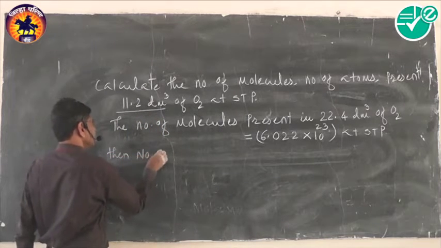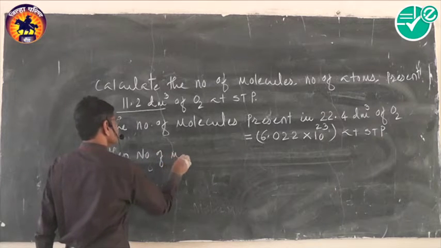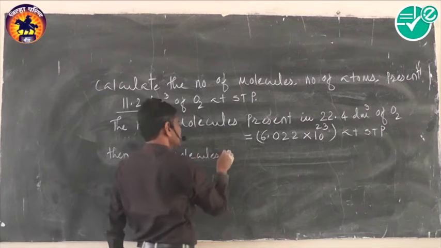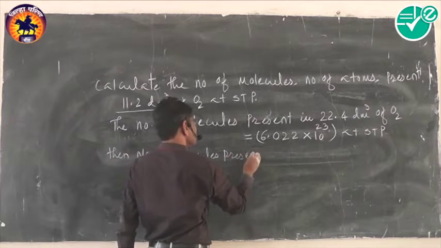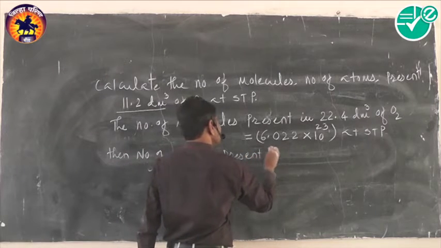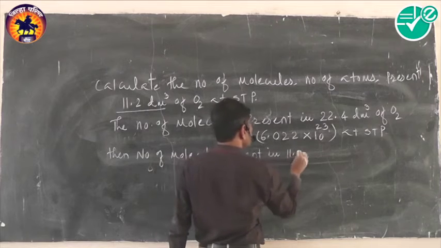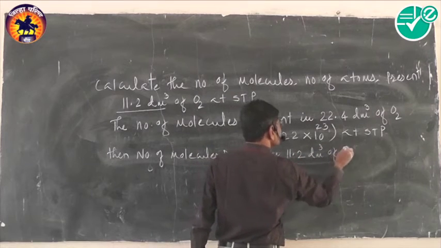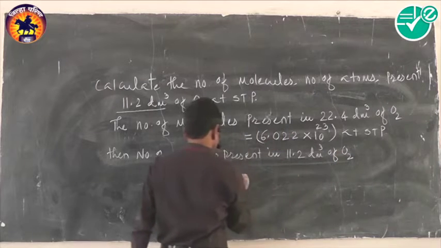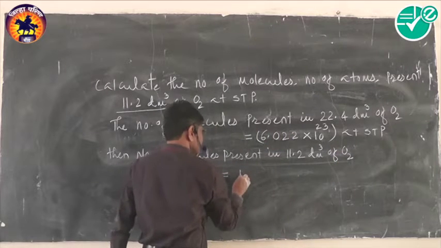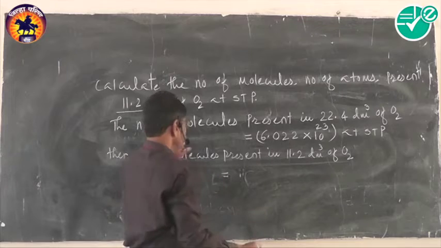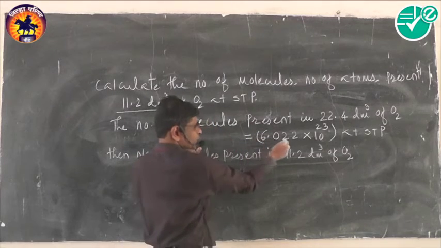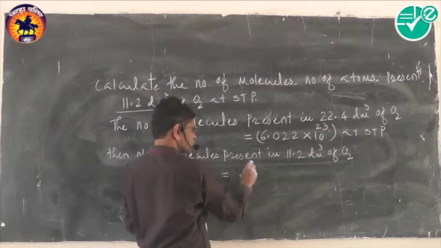number of molecules present in 11.2 decimeter cube oxygen, it is equal to, yes, so number of molecules present in 22.4 corresponds to this value, then this corresponds to how much?